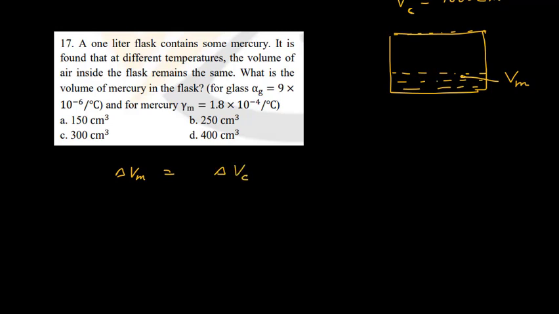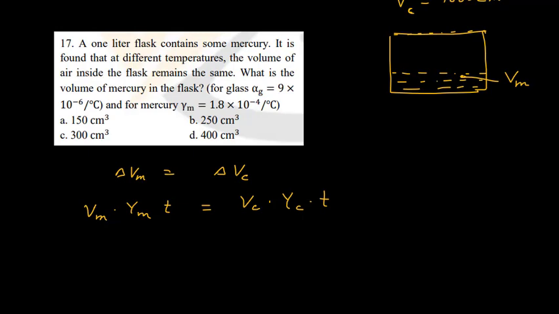Okay, so delta of volume of mercury can be written as initial volume of mercury Vm into gamma m into change in temperature. So it is changed by T. This will be same as here it is Vc, volume of container, into gamma of container into T. So this T and T I can cancel.